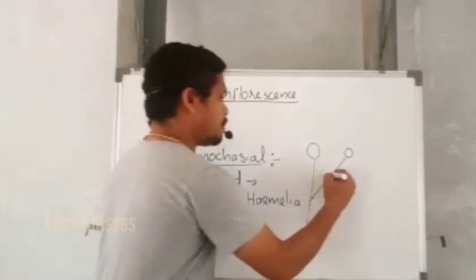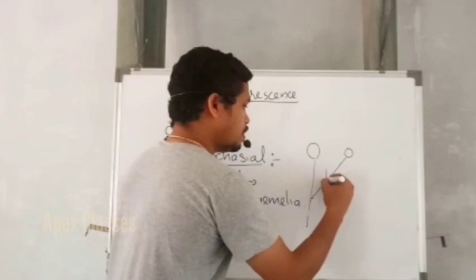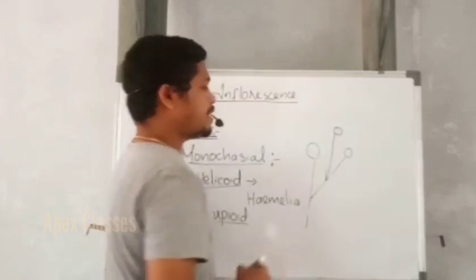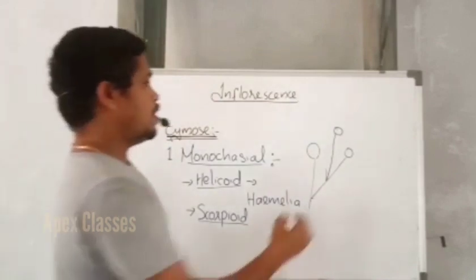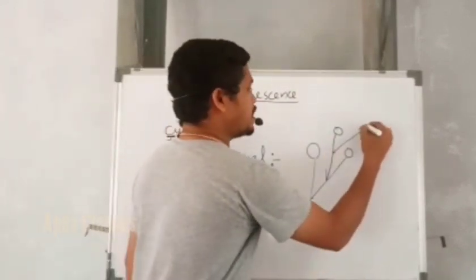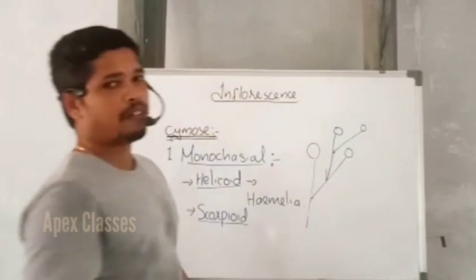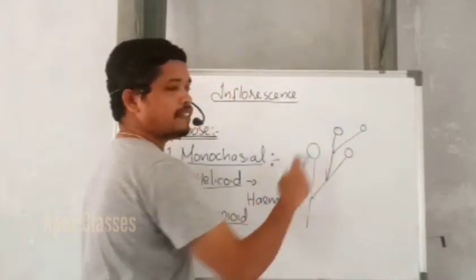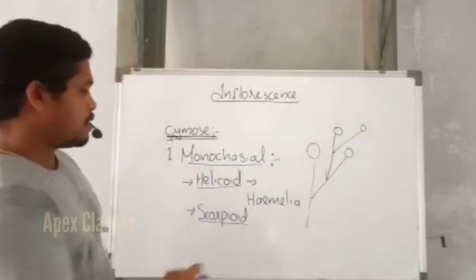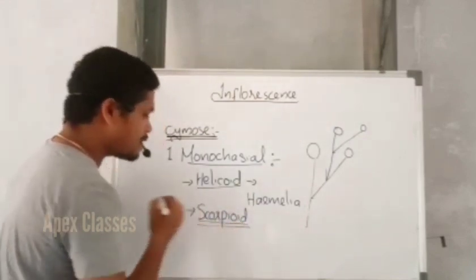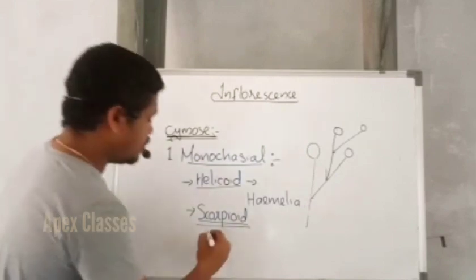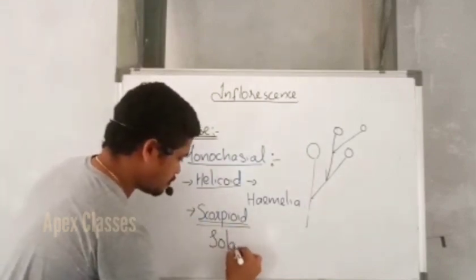From this lateral branch, on the opposite side or in an alternate manner, another lateral branch is raised, which also terminates into a flower. From this, another lateral branch is raised, which terminates into a flower. Here, the lateral branch is raised in an alternate or zigzag manner. Such a type of arrangement is known as a scorpioid cyme. For example, Solanum.